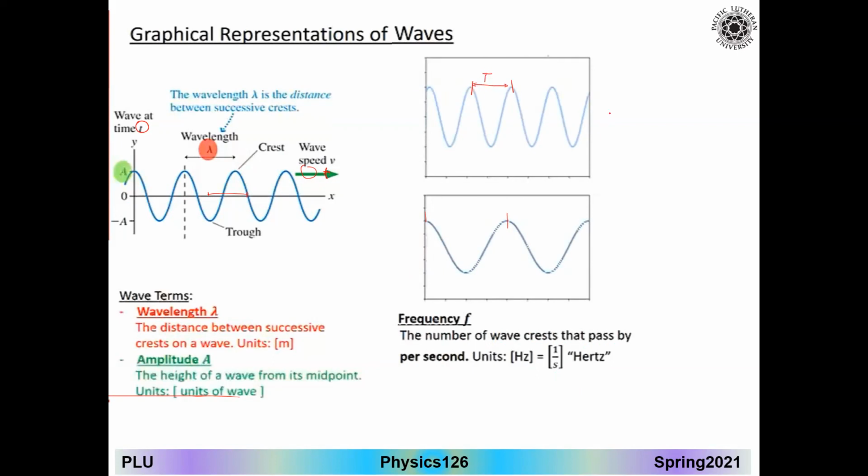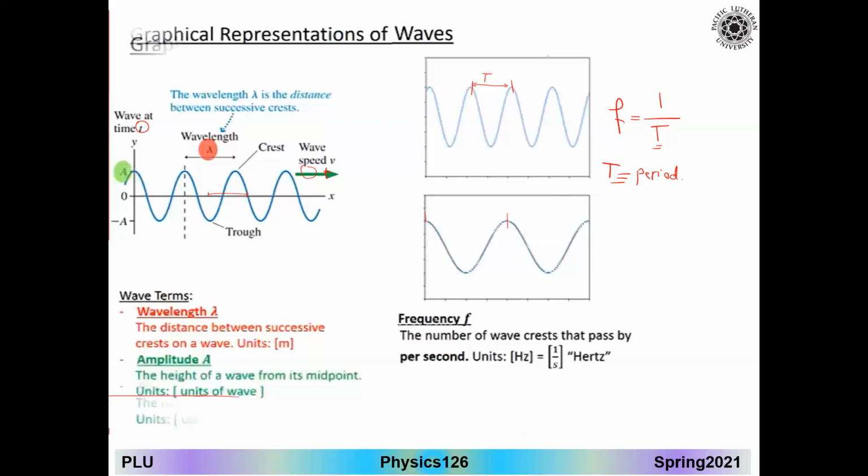The relation between the frequency, in hertz, and the period is that F is most of the time 1/T, where T is the period time, the time after which the signal repeats itself.